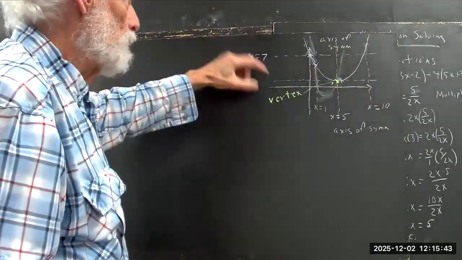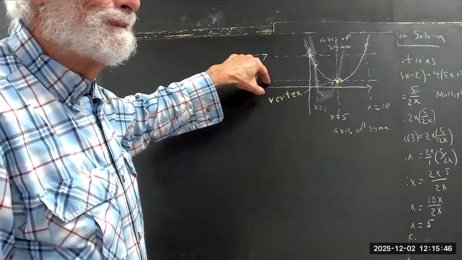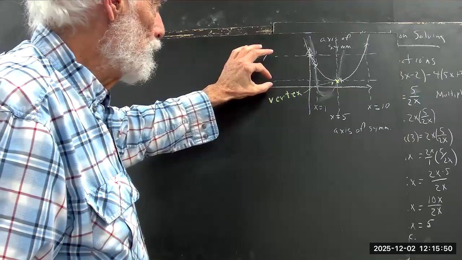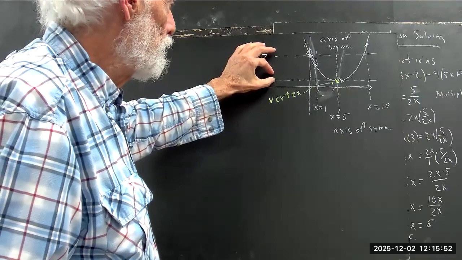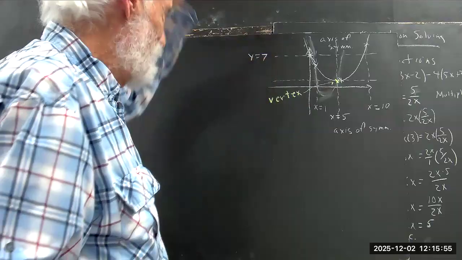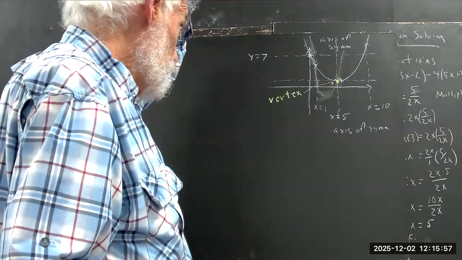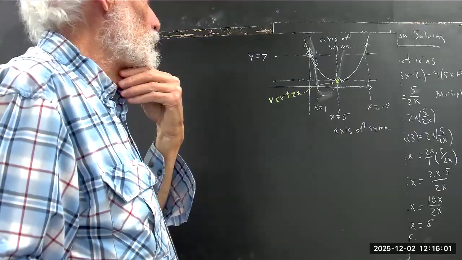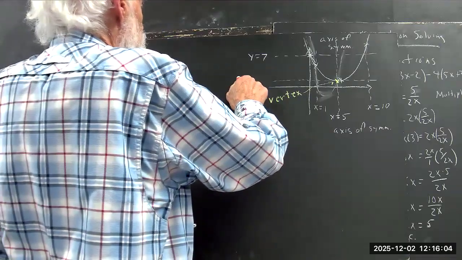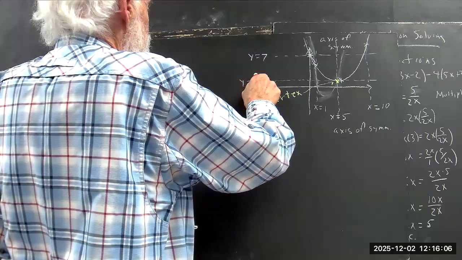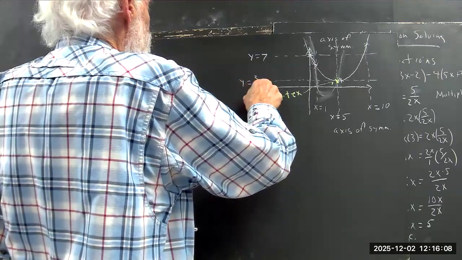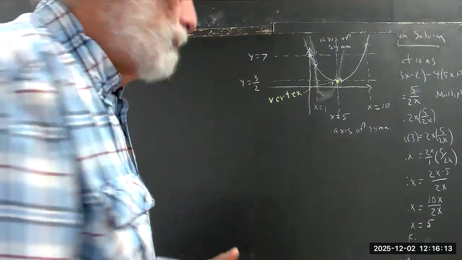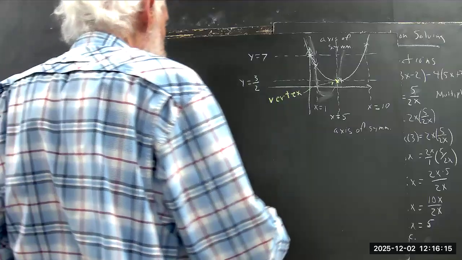Okay, if this is the line y equals 7, what's this? Well, how many of these go into 7? I've got 1 here, 2, 3. I don't think it's as low as 1, but I think it's not quite 2. So as much as I hate fractions, I'm going to call that y equals 3/2. So what are the coordinates of the vertex?